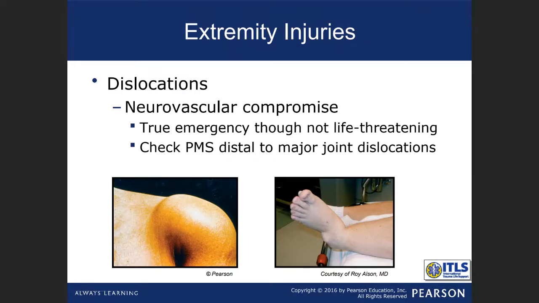You're not doing PMS because the textbook or the skill sheet tells you to do PMS. When you do PMS for a patient in the field with extremity trauma, it is to rule out the possibility of a limb-threatening emergency. If there is neurovascular compromise, the patient has a limb-threatening emergency. They need lights and siren transport to the hospital.